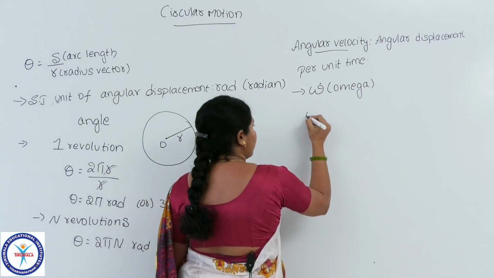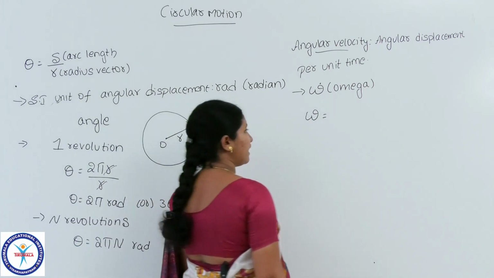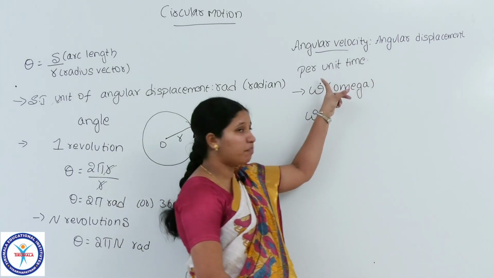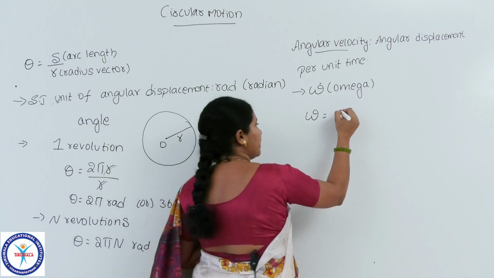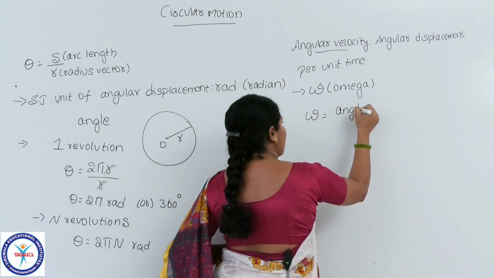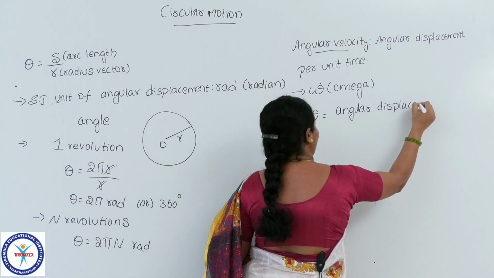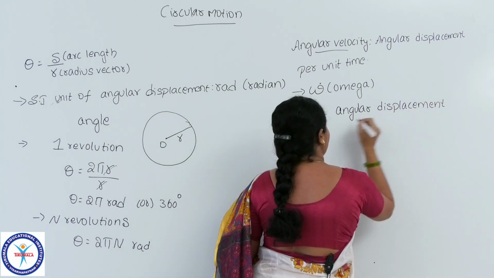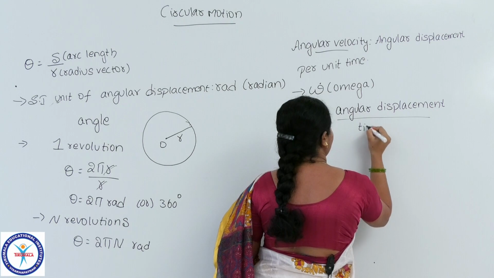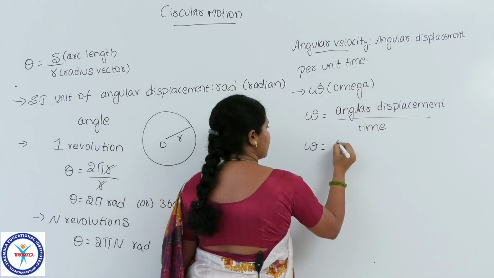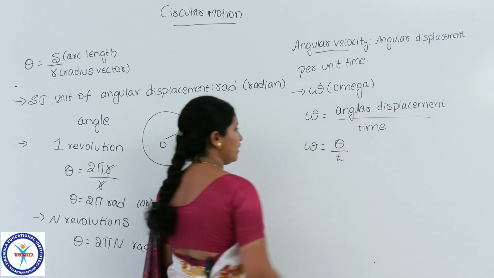So omega we can write as angular velocity equal to, what is the definition? Angular displacement per unit time. So it is the ratio of angular displacement to time taken. So we can write omega is equal to theta by t.